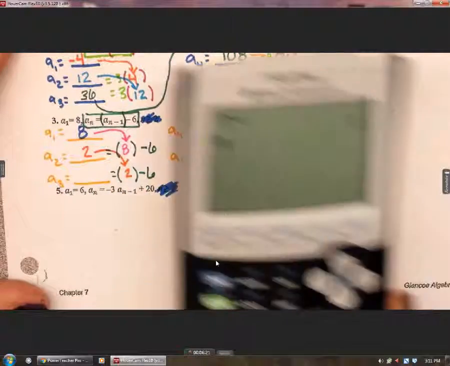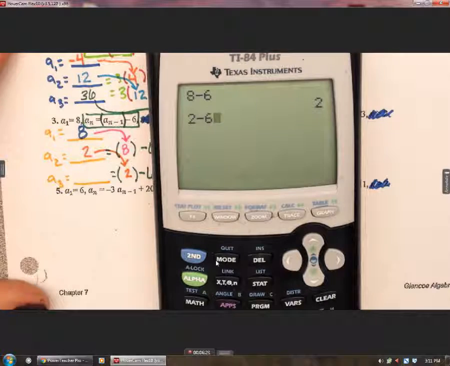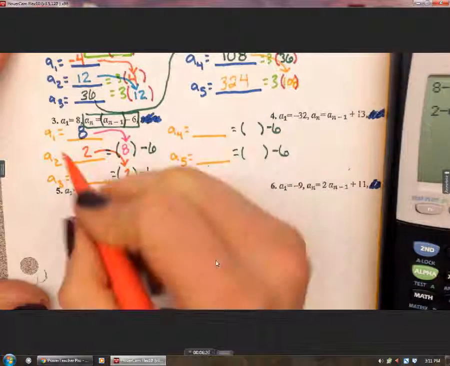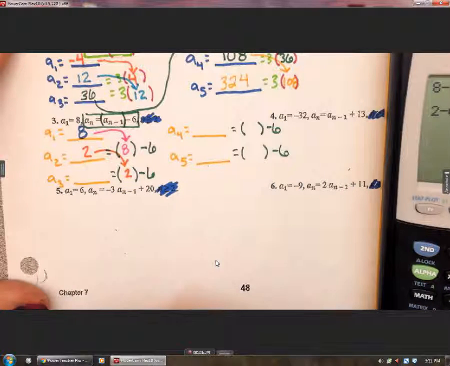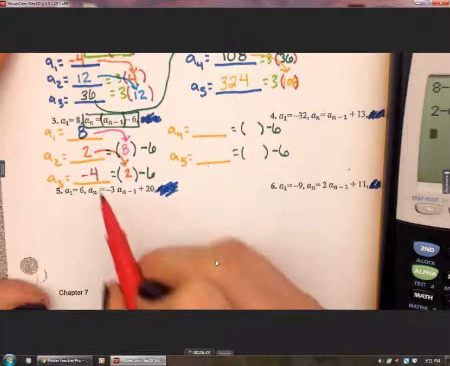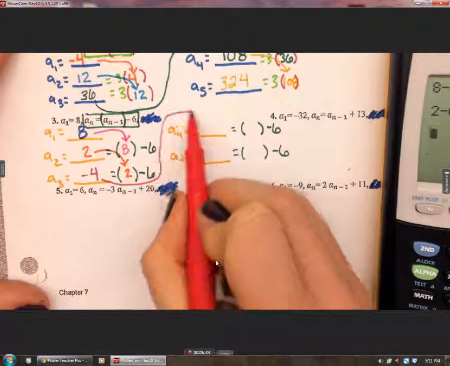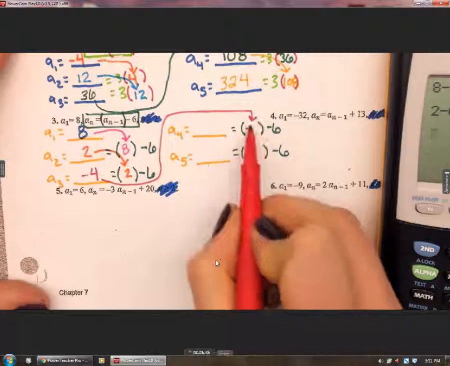Two goes here. 2 minus 6, negative 4. This negative 4, I can plug in right here.